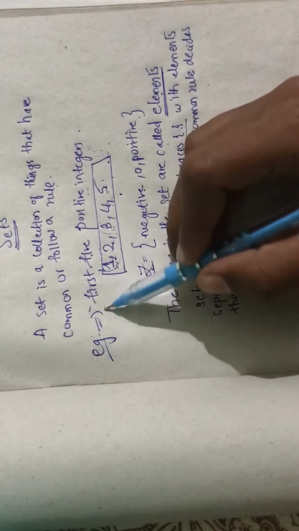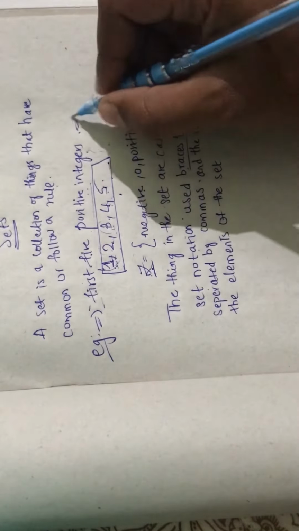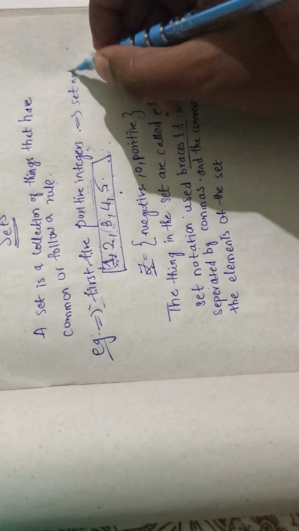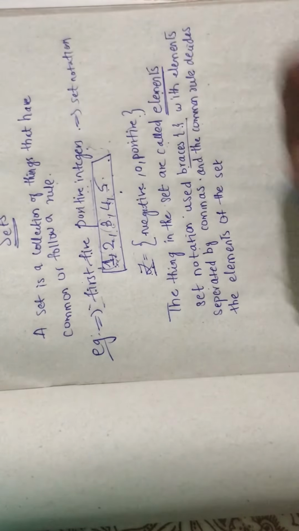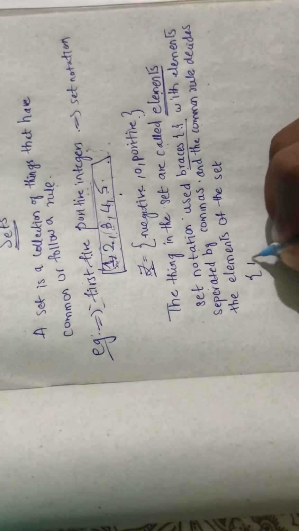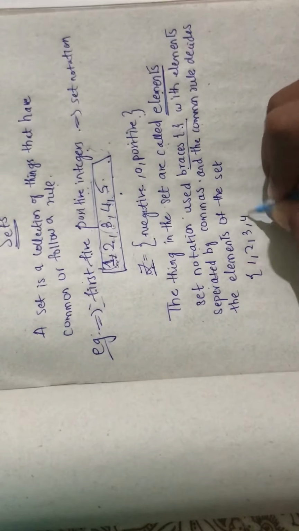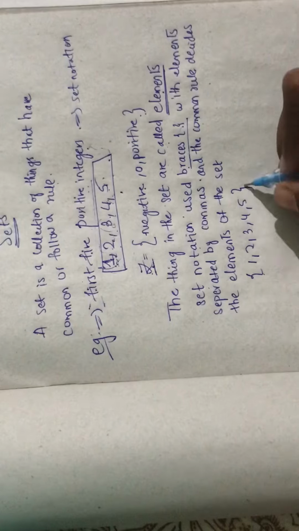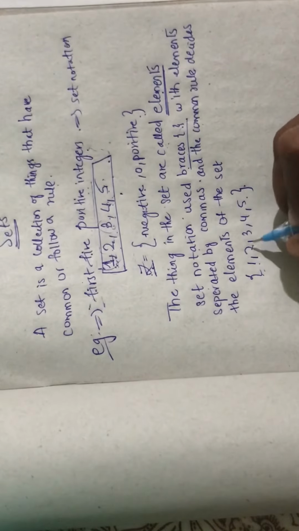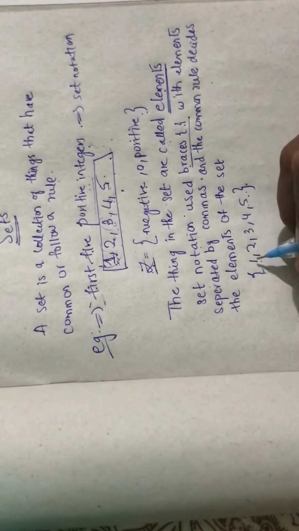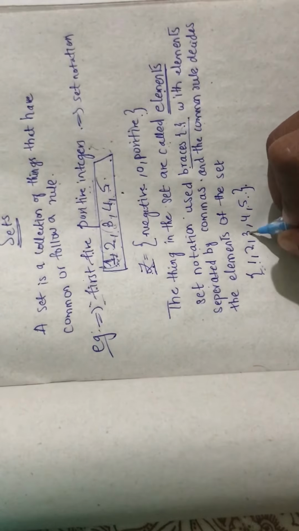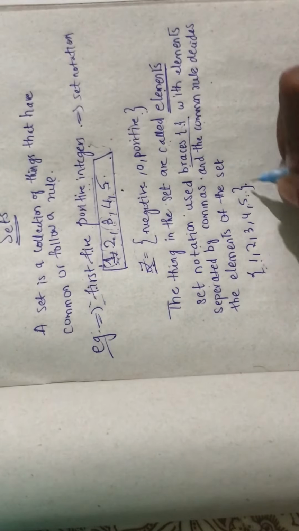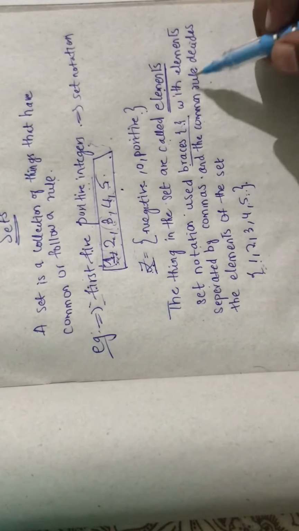So for this question, if they ask for set notation, we represent it as {1, 2, 3, 4, 5}. Here these are the 5 elements of the given set.